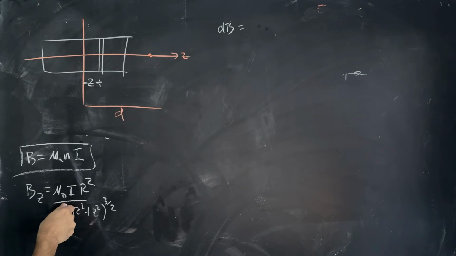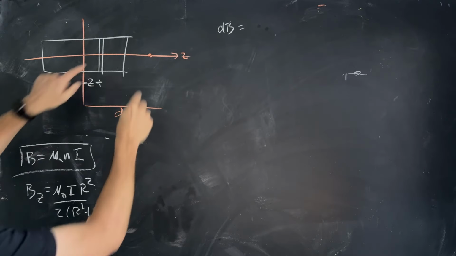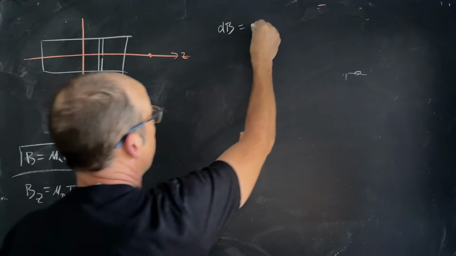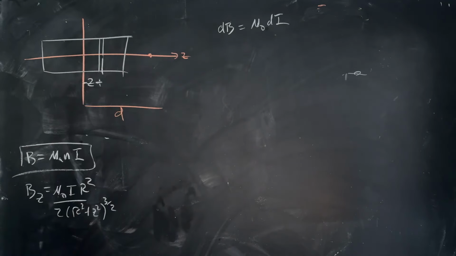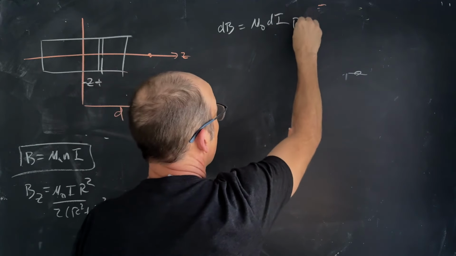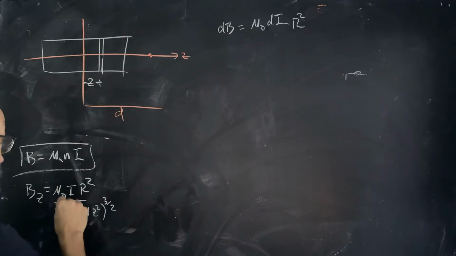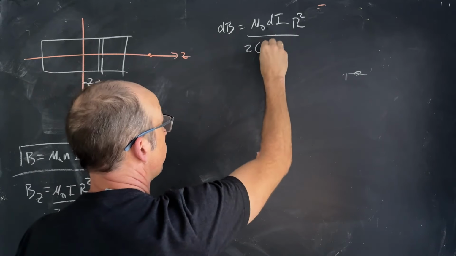This is that ring. So I have mu naught I r squared, that's not quite right. And then I'm going to have to get this z, the distance from here to there. So let's write this down. Mu naught dI, right? Because not all the current flows through that thing, so we have to write that as dI. R squared, that's the radius of the solenoid. 2 is the number 2. r squared.